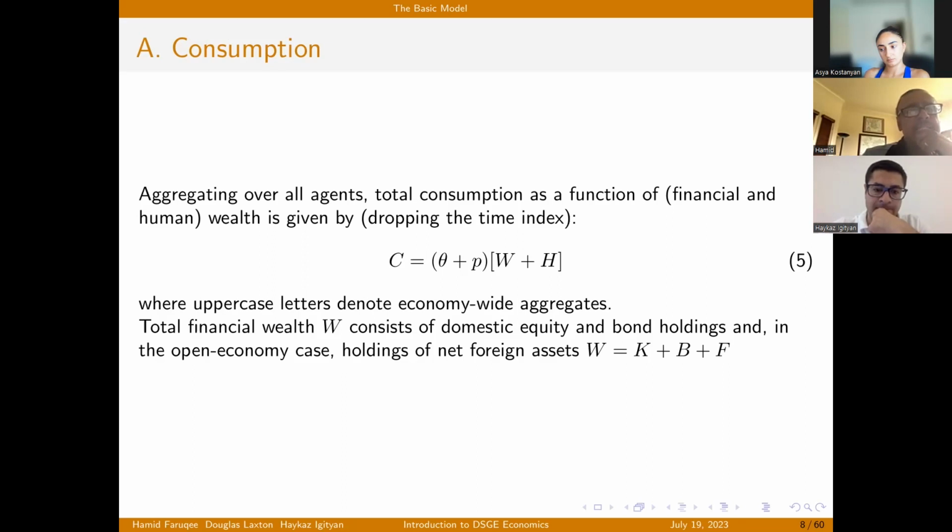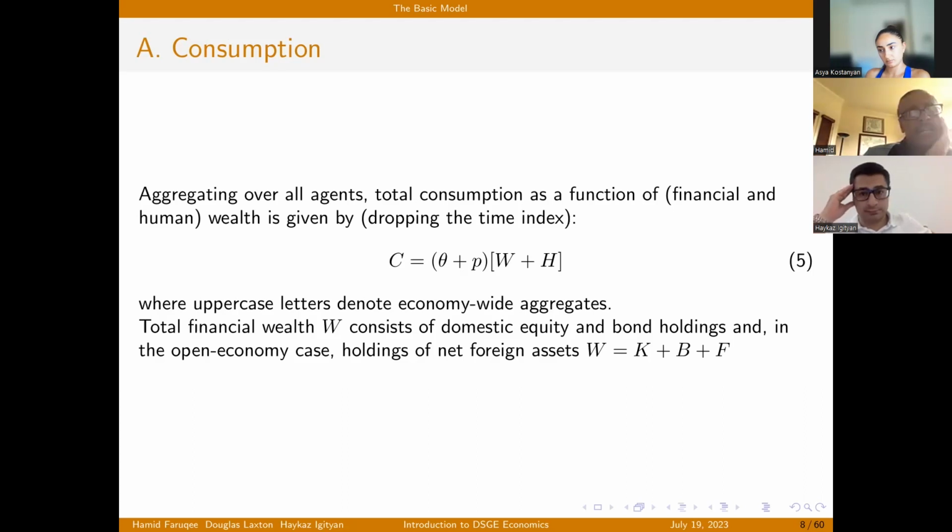In the case of the small open economy that we'll talk more about, financial wealth can be held in terms of equity, capital in the model, debt, government bonds, and in the case of the open economy, net foreign assets F as well.